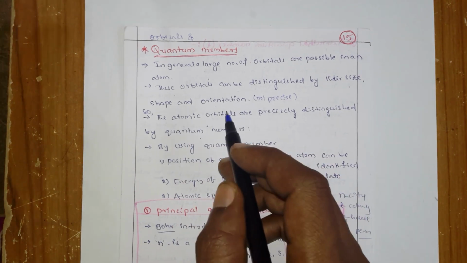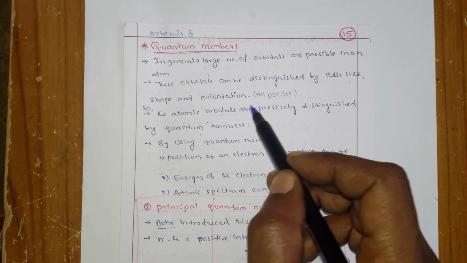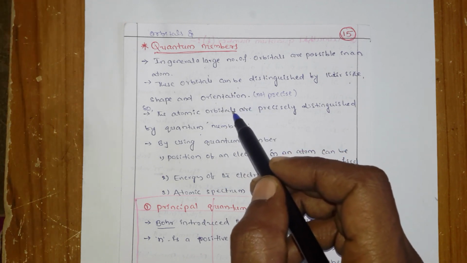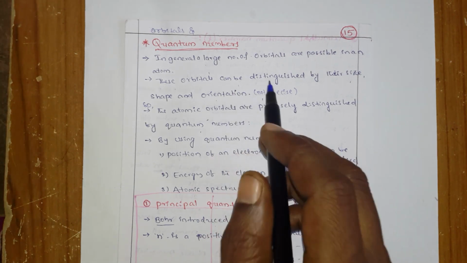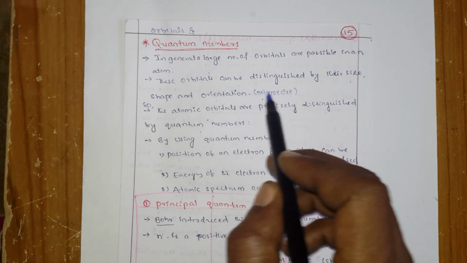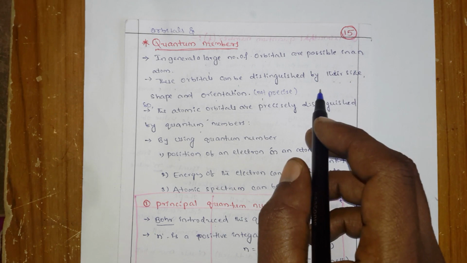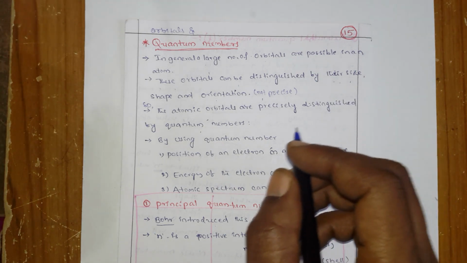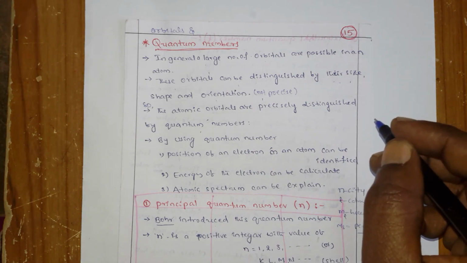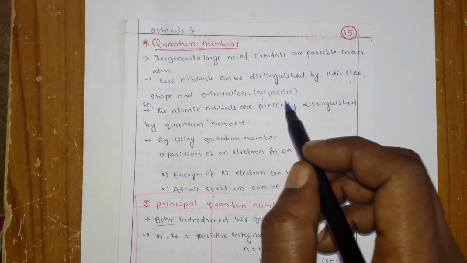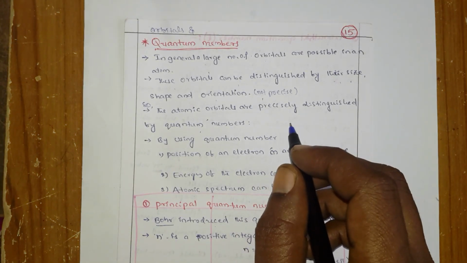But that was not precise. If the size of the orbital is small, they thought it is close to the nucleus, and if the size is large, it is away from the nucleus.